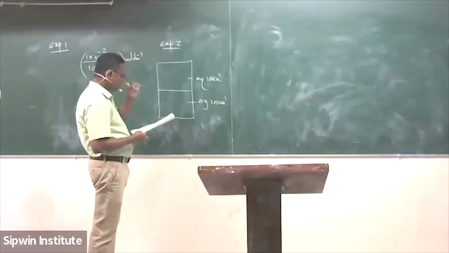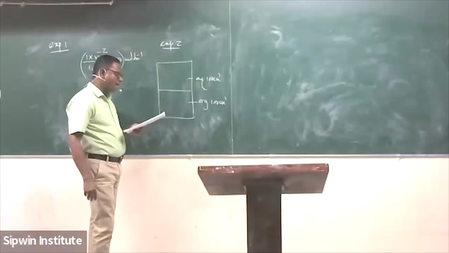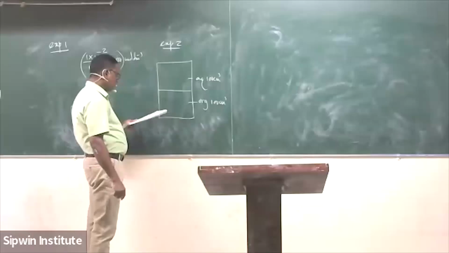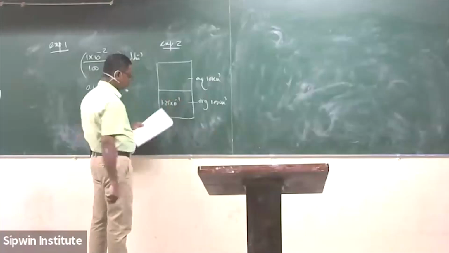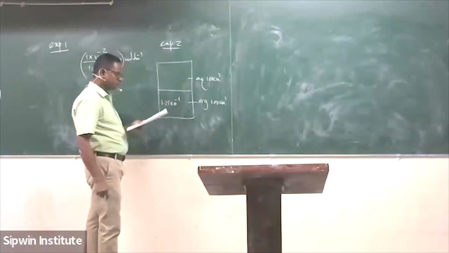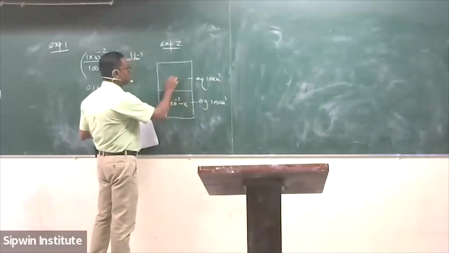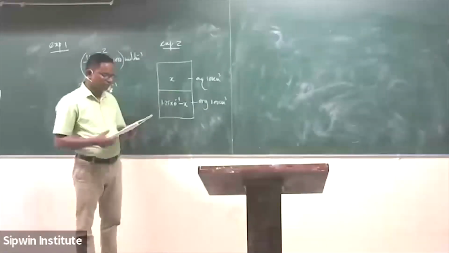Initially 1.25 into 10 to the power minus 1 in the aqueous layer. Here x passes to the upper layer, minus x here. Then we can use that for the KD.